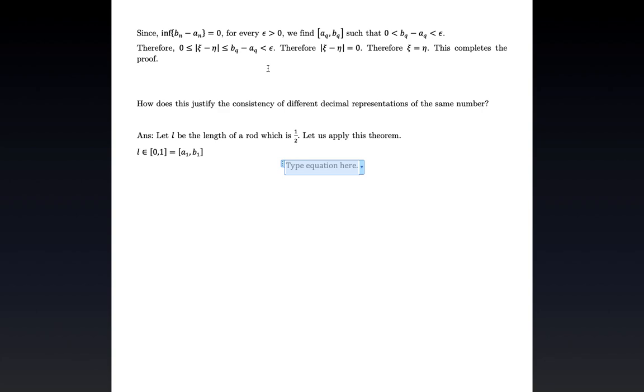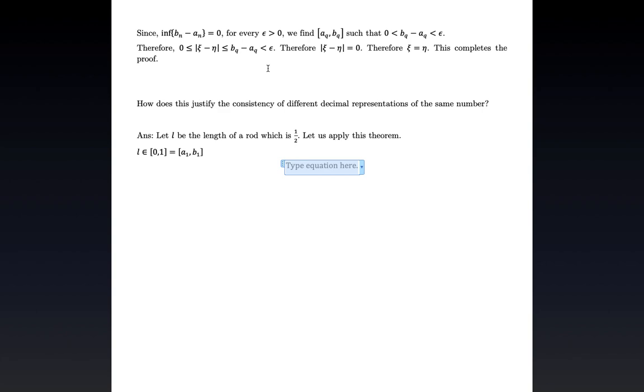Next, we subdivide this one into 10 subintervals: 0 to 0.1, 0.1 to 0.2, 0.2 to 0.3, 0.3 to 0.4, and so on, 0.9 to 1.